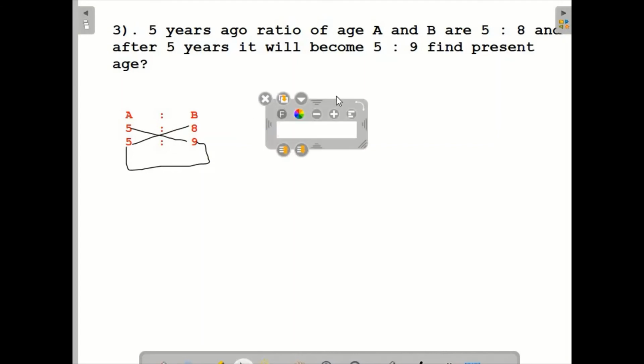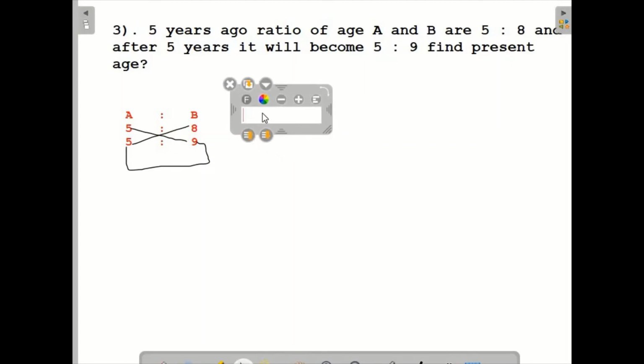So here it is 10 years, so equal to 10 into, it is 5, 9 minus 5, divided by 9 into 5 minus 8 into 5.